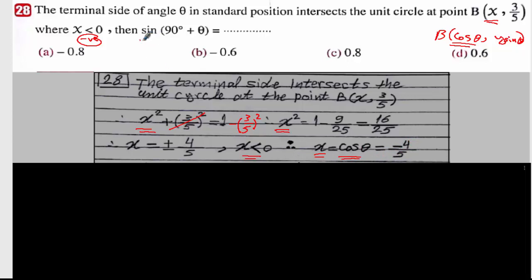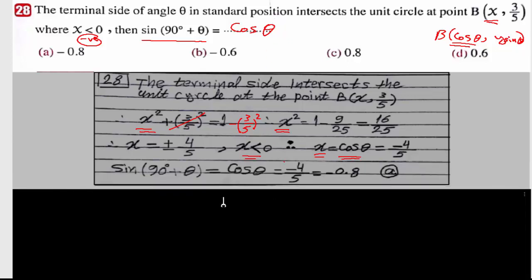But the required here is to find sine 90 plus theta. Sine 90 plus theta equals cosine theta, which equals negative 4 over 5, which equals negative 0.8. And you will choose letter A.